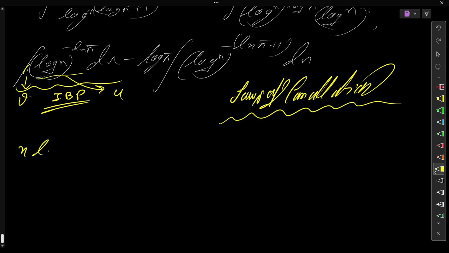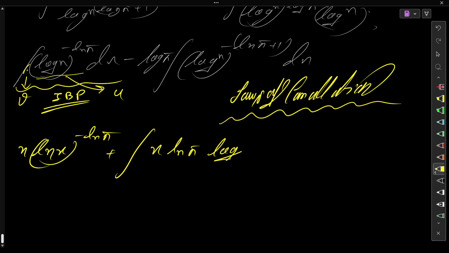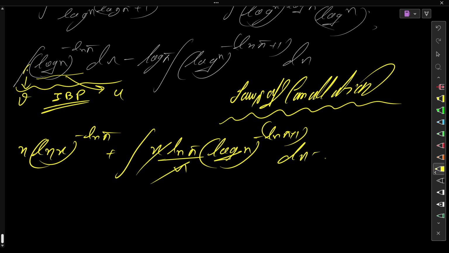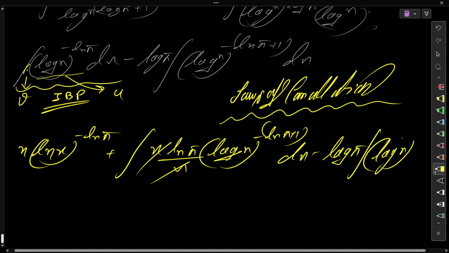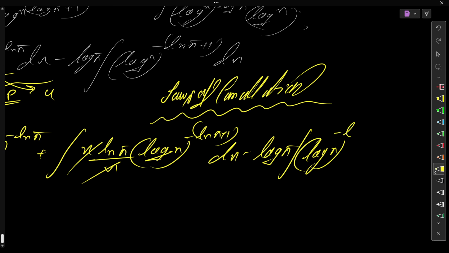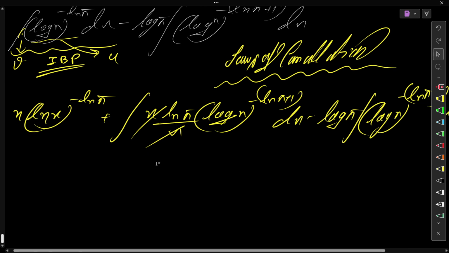So x ln x whole to the power minus ln pi, plus integral of x ln pi log x whole to the power minus ln pi plus 1 over x, and x this got cancelled, so minus log pi integral of log x whole to the power minus ln pi plus 1 dx.